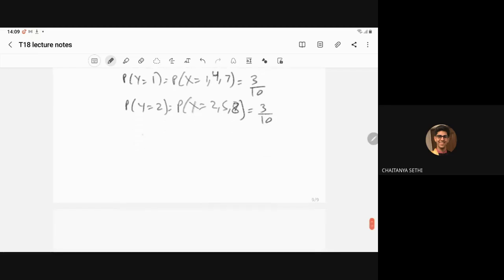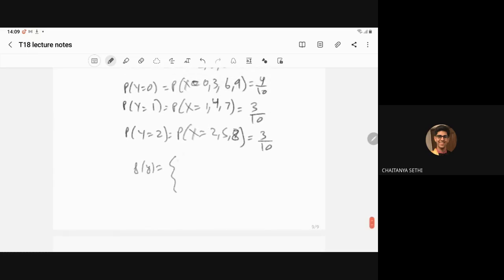So if you want to write the f of y, what is the f of y? It is 2 by 5, it is 3 by 10, it is 3 by 10 for y is equal to 0, y is equal to 1, y is equal to 2.